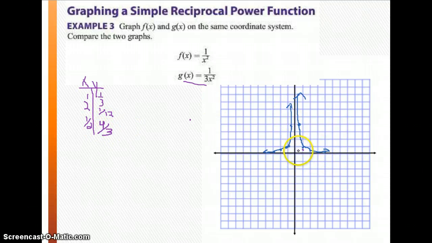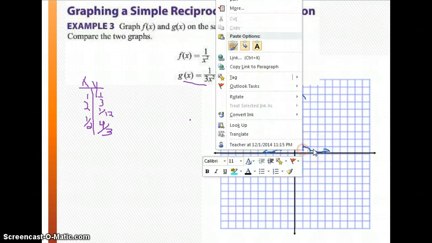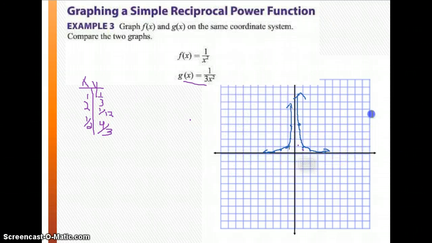So it will end up with like 1 1/3. And so we're going to have something that will look like this. See how it's gotten closer to the asymptote, and then we would do something similar over here.